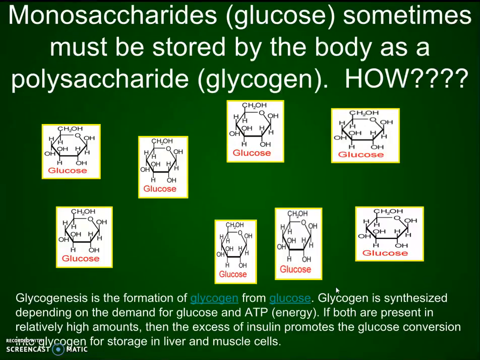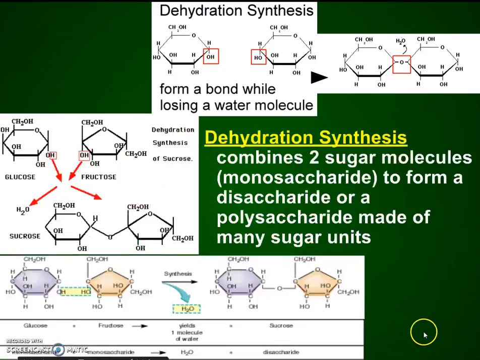I mean, you need them later, when you're not eating, when you're fasting. So your body has to store these sugars, and it doesn't want to store them individually. So it needs to store them as glycogen, actually. So the process we're going to talk about now is how to take these glucose and put them together.